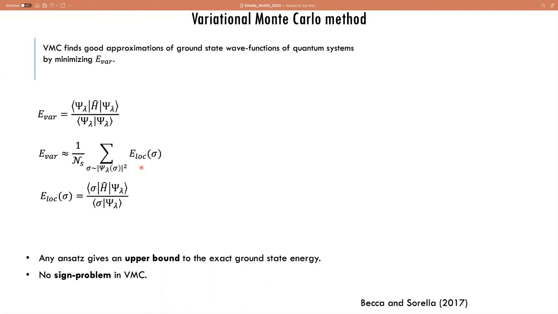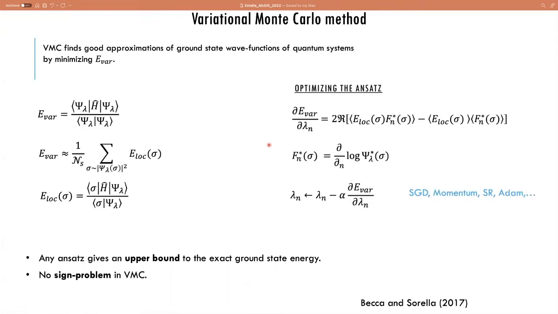Over some quantity which is called the local energy, that is given by this formula, basically. Right, and here we assume that we are using importance sampling. So we are only sampling configurations that have dominant weight in this integral, which is very important.